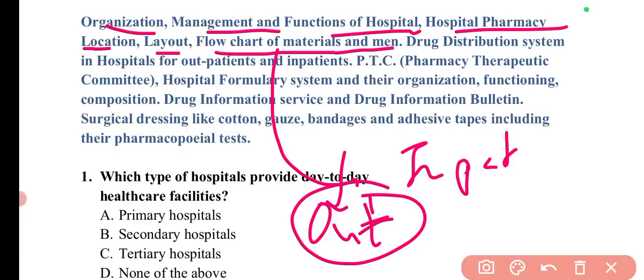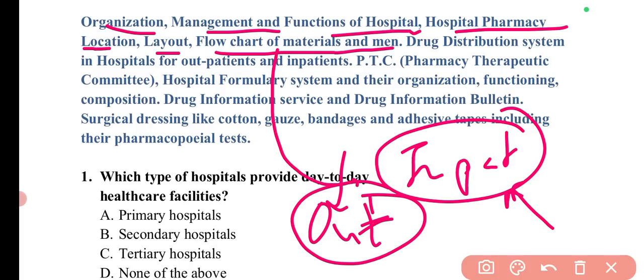So that is the general flow of an outpatient. Inpatient, like if the doctor sees there can be a serious condition, he will admit that patient, and then the further process will go on in the hospital only. So this is the basic flow chart of materials.